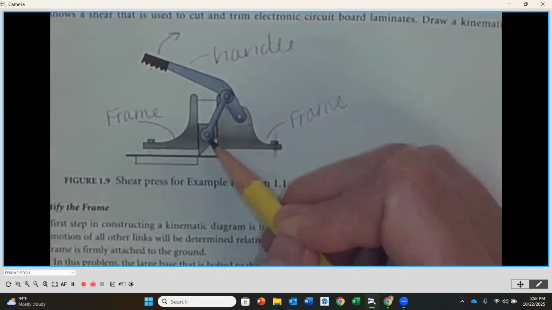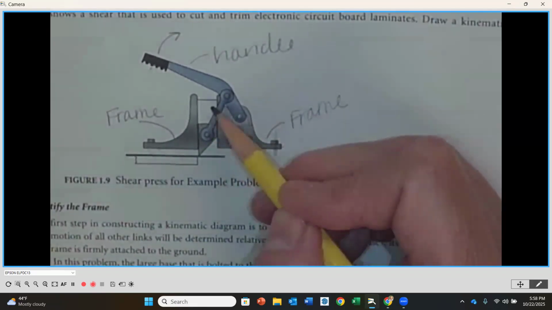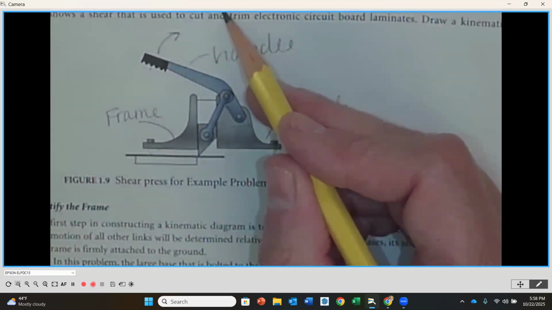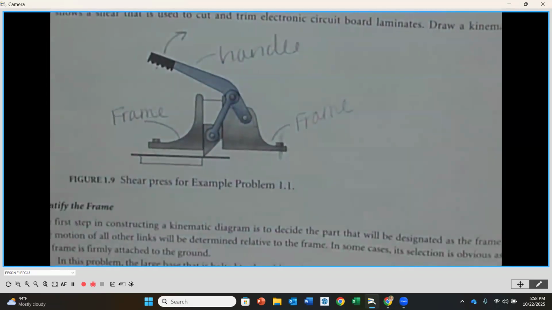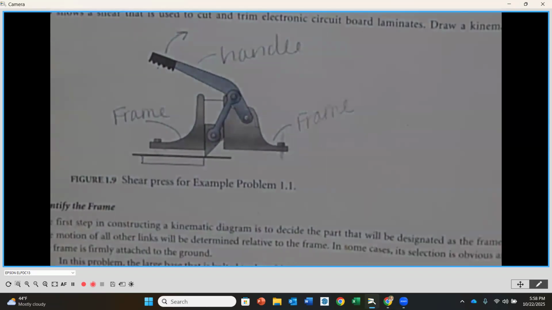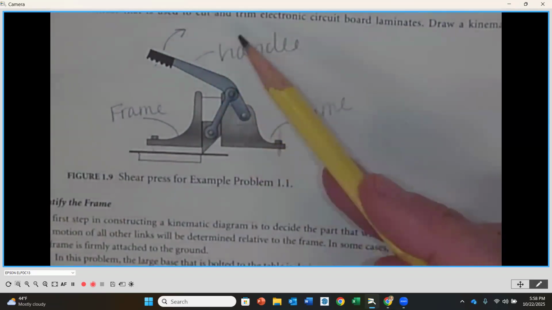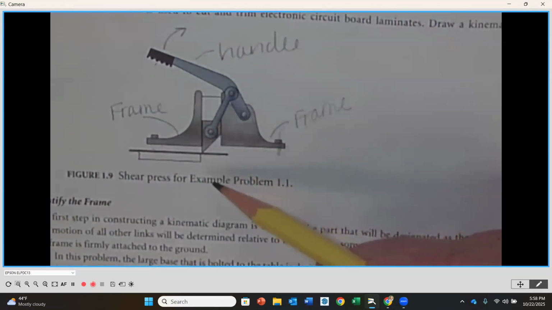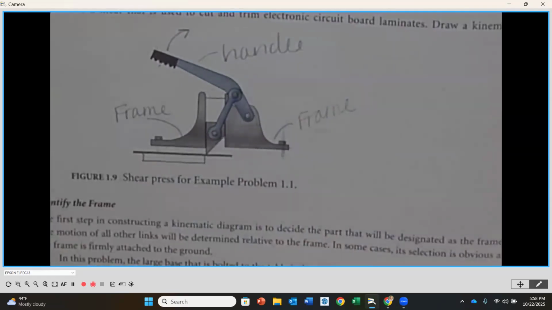Which direction, up or down, is this shear going to go when I actuate the handle clockwise? Dylan says up. Anybody else? Everybody's going up. Yeah, you're correct. It is going to go up.